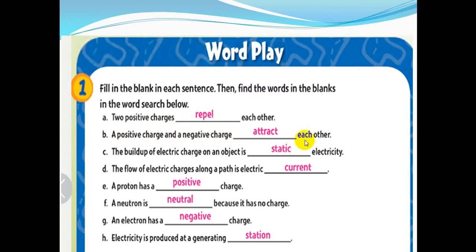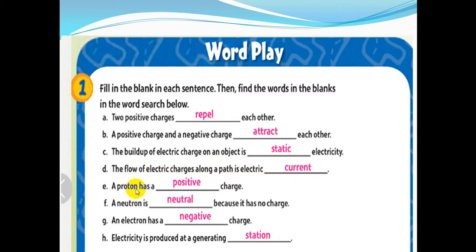C, the buildup of electric charge on an object, we said this is the definition of static electricity. D, the flow of electric charges along a path is electric current. The flow means electric current.